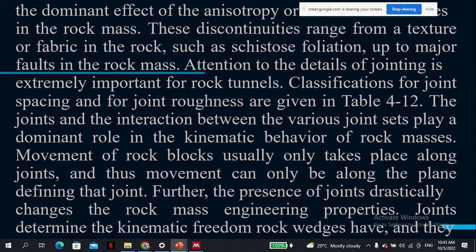When you take a sample to the lab to test, you may just take a limited area, and depending on the size, if the size doesn't capture the rock discontinuities or rock anisotropy, then the strength you are going to measure in the lab is not going to be representative of the in situ behavior. This is because the individual blocks of the rock might be intact, but the overall behavior is in conjunction with the rest. This is why the behavior of rock mass is very important.